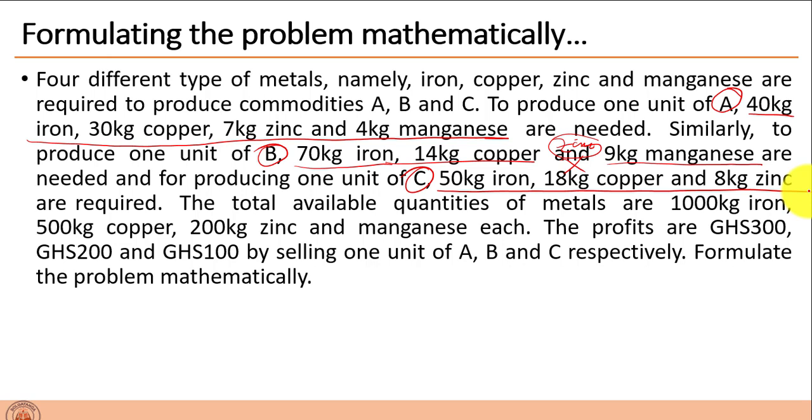You can either use the 1,000 or less than 1,000, but you cannot use more than 1,000. Then 500 kg of copper, and 200 each of zinc and manganese respectively. The profits for producing each of the products A, B, C are 300, 200, and 100 Ghana cedis respectively.